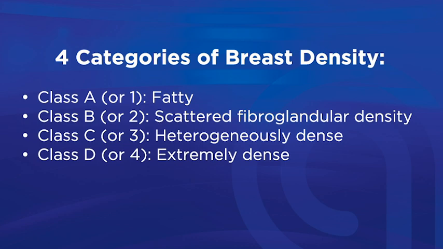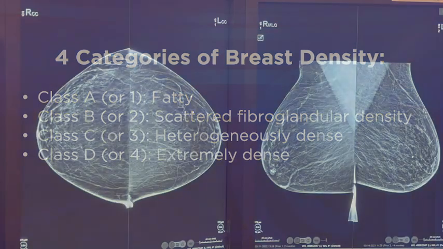Number two is scattered fibroglandular elements, where there is a small amount of glandular tissue and still the majority of the tissue is fat. Then we have heterogeneously dense breast tissue, which is a lot of glandular tissue and less fat. And finally we have extremely dense tissue, which is pretty much a lot of glands and very little fat.